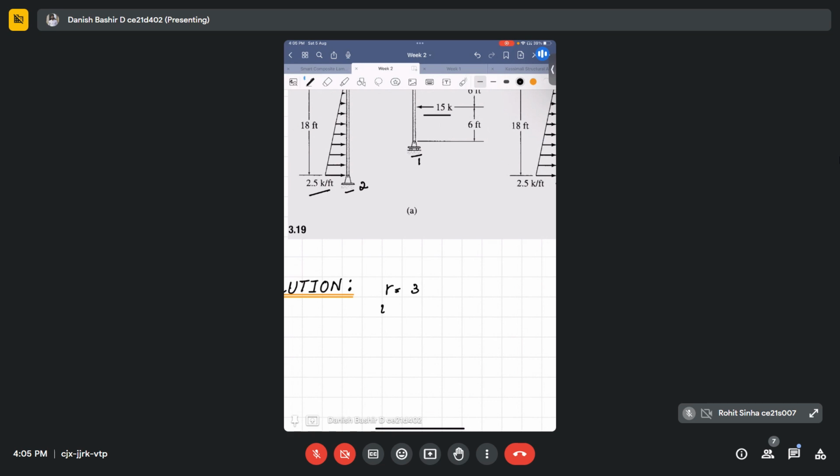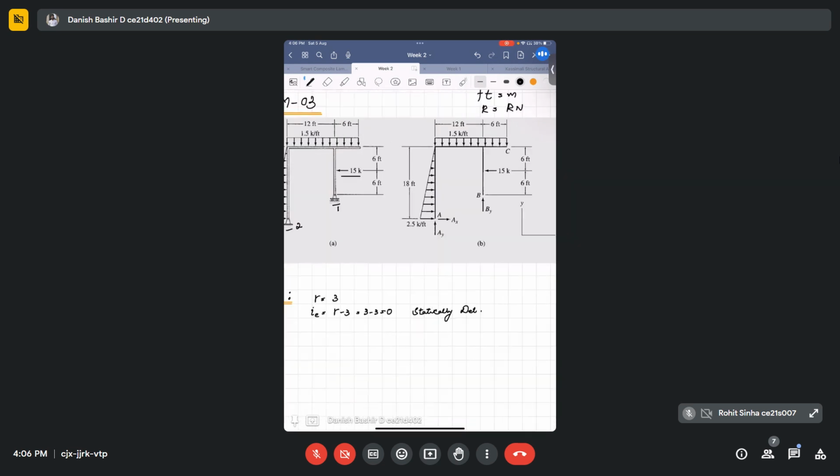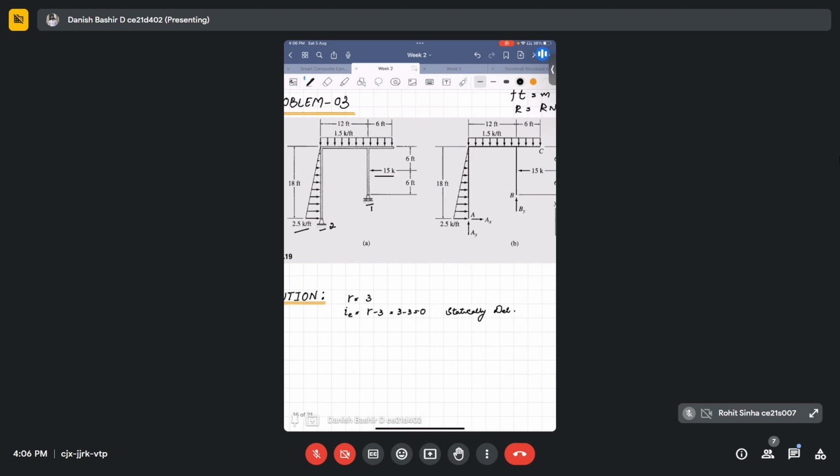So the degree of static indeterminacy I is equal to R minus 3, as I already told you, because this is a 2D structure. 3 minus 3 is equal to 0, so it's a statically determinate structure.